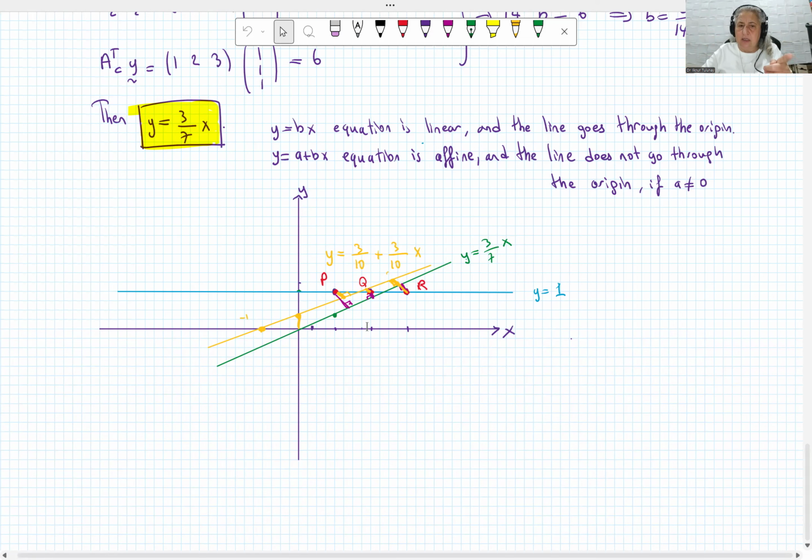For part B, y is equal to 3 over 10 plus 3 over 10 x is the line that we found.